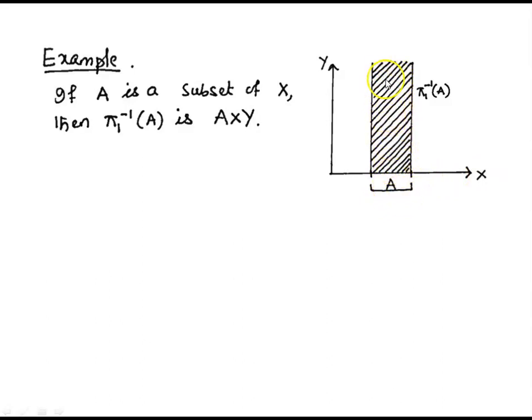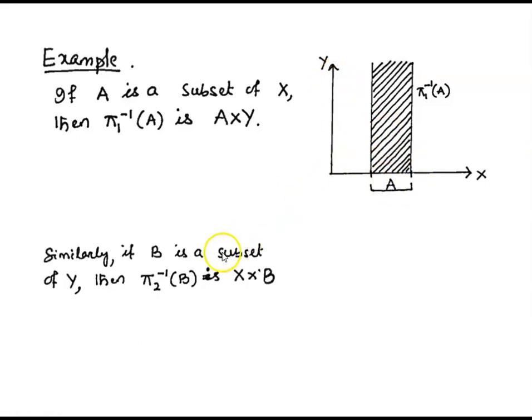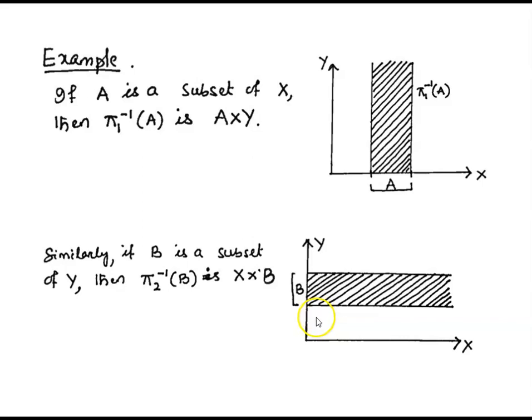This shaded portion is pi1 inverse of A, that is your A cross Y. Similarly, if B is a subset of Y, here we have X and Y and B is a subset of Y. If we operate pi2 inverse on B, then we'll get X cross B. This portion is our X cross B.